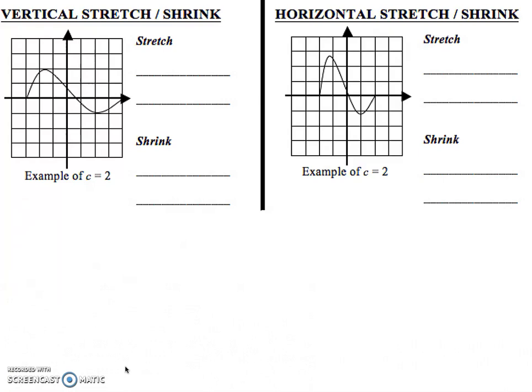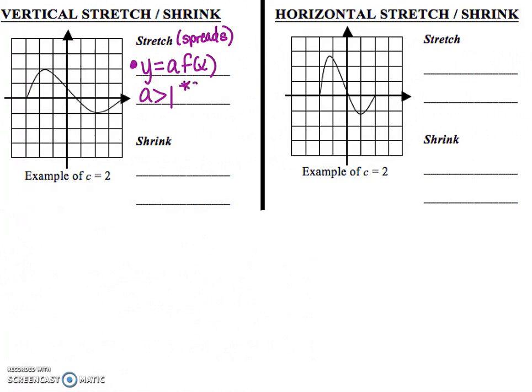The next thing we have to talk about is our vertical stretches and our vertical shrinks. We're used to this being our A value. So I want you to remember that if we have a vertical stretch, this is going to spread our graph out. So this is going to look like y equals A times f of x. So our graph is going to have a vertical stretch or a spread only if our A value is greater than 1.